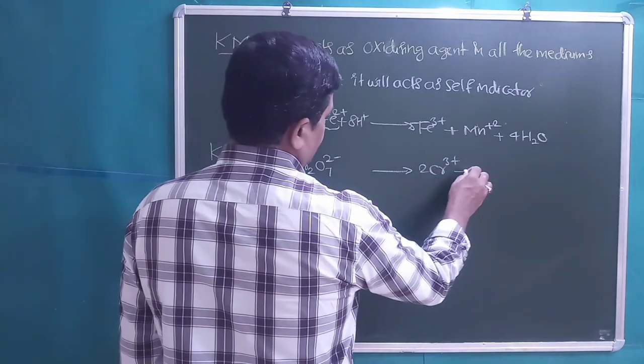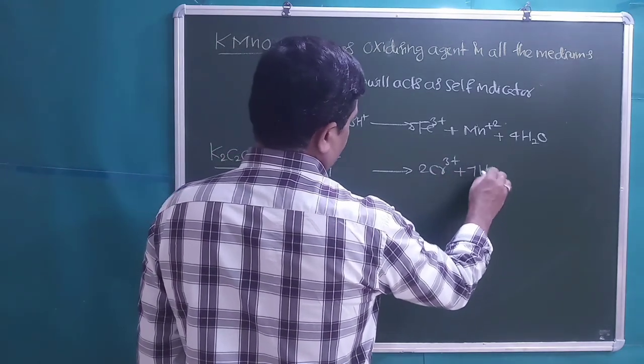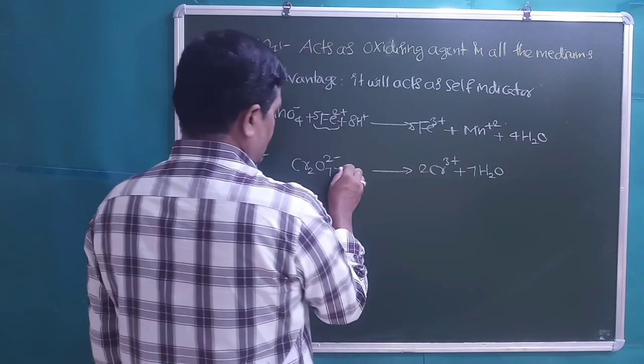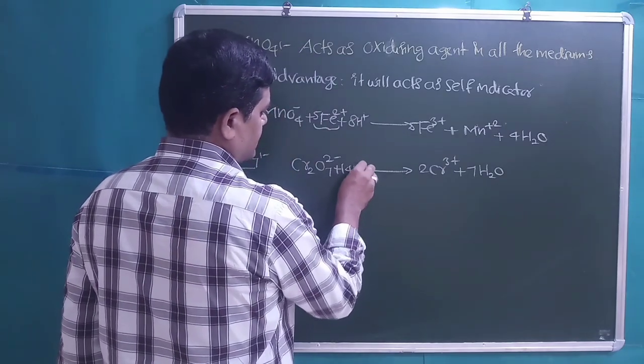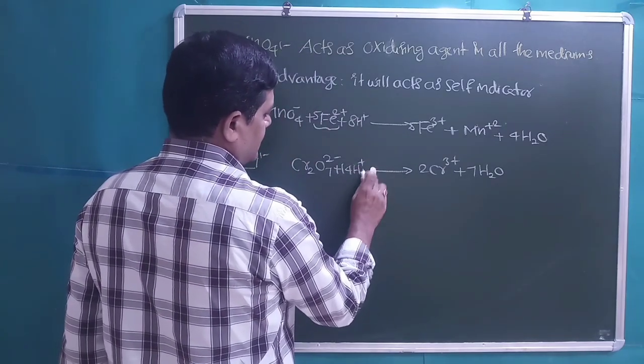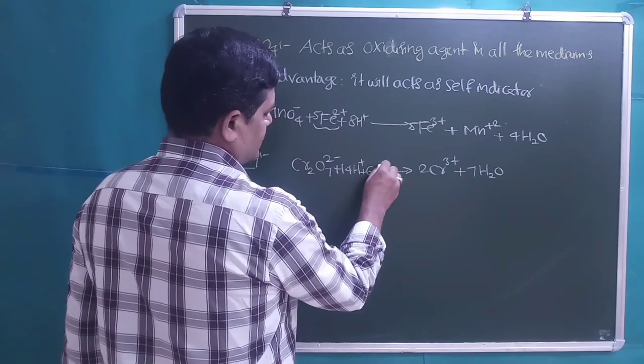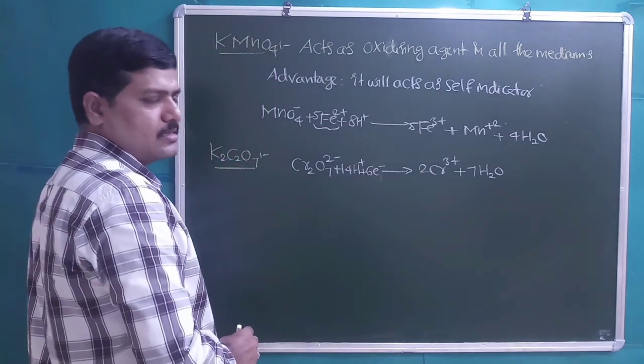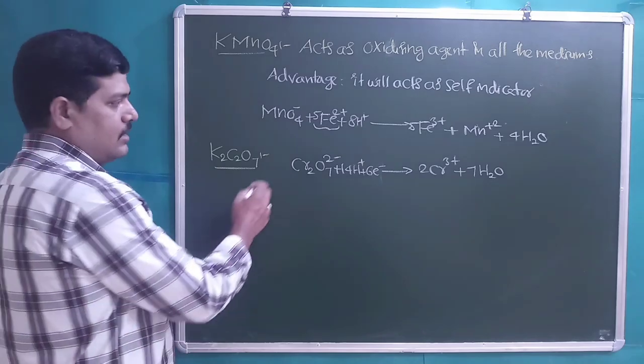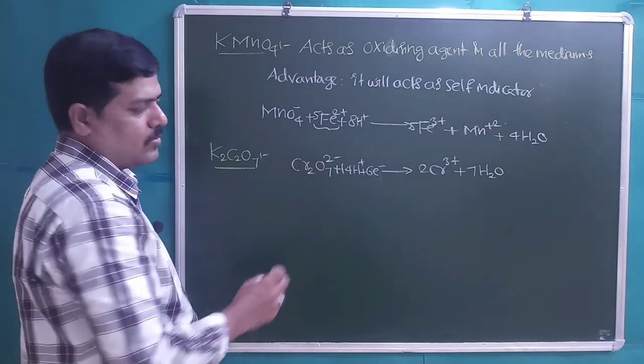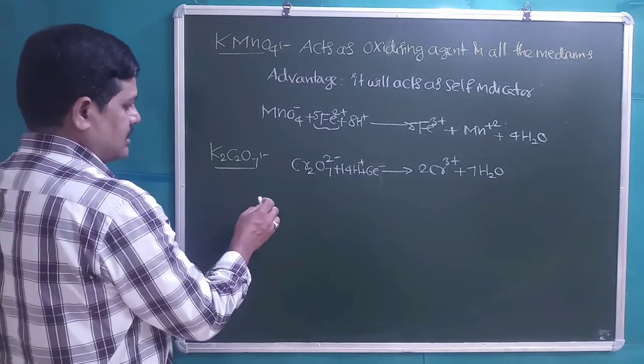On this side, students, we write 7H2O, 14H plus and plus 6 electrons. This is a balanced equation in which potassium dichromate is acting like an oxidizing agent.